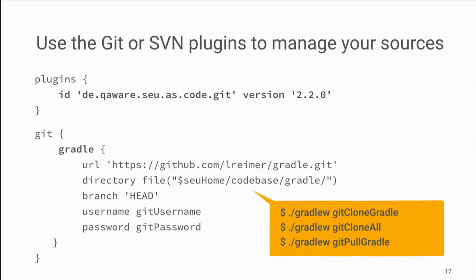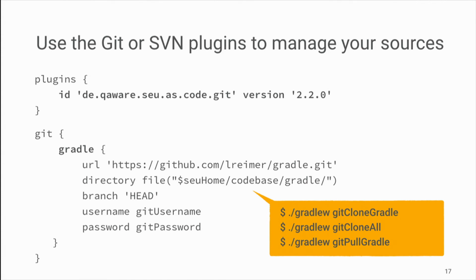I quickly showed you the Git plugin. You can use this independently of the base plugin, by the way, okay? It has no dependency whatsoever on managing your software development environment with the base plugin, so it can be used standalone as well. In this Git section, you can specify multiple repositories. The name here determines how the final tasks will be called.